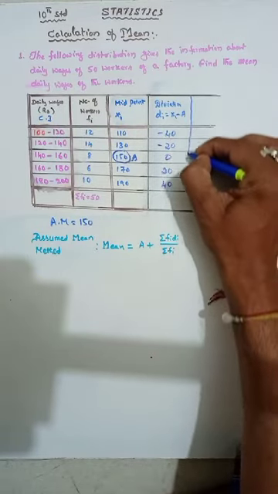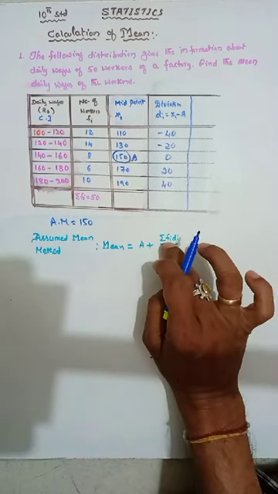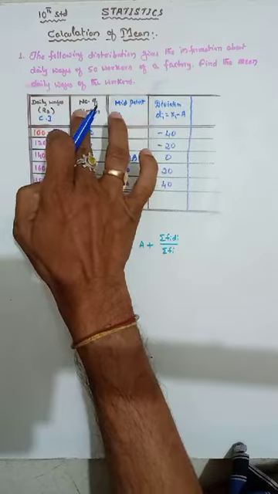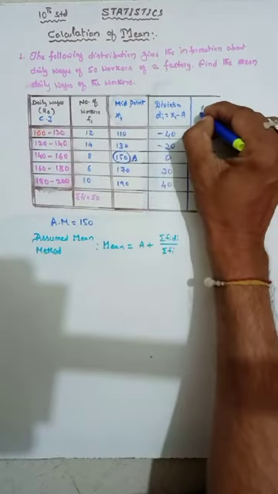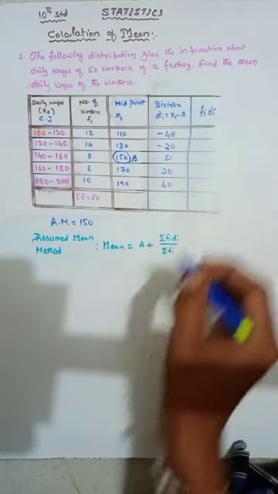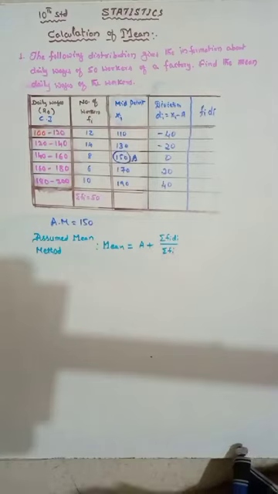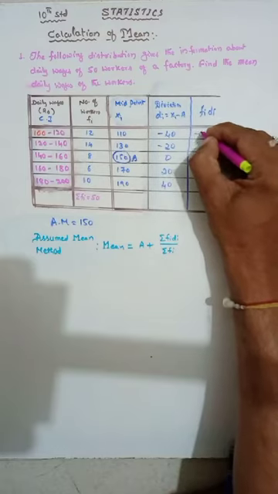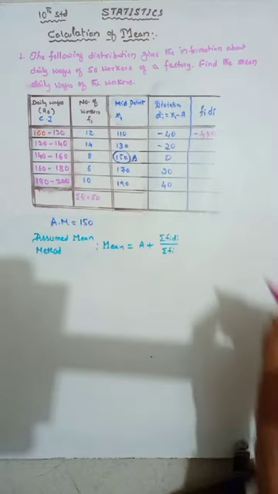Next, what we want in the formula is fi into di, that means we have to take the product of the second column and the fourth column. 12 into minus 40 is minus 480, is it not?